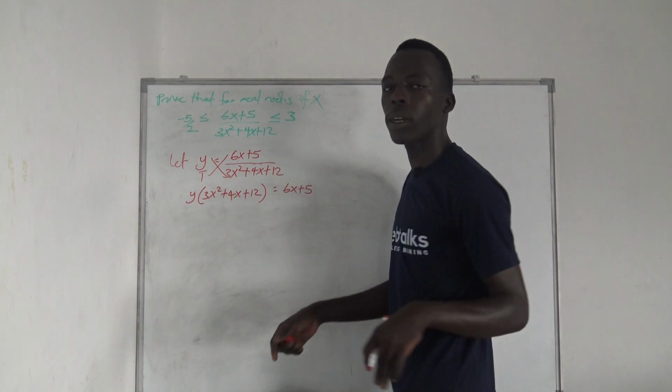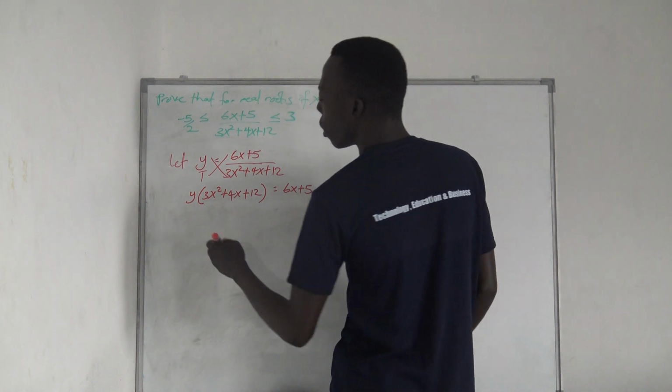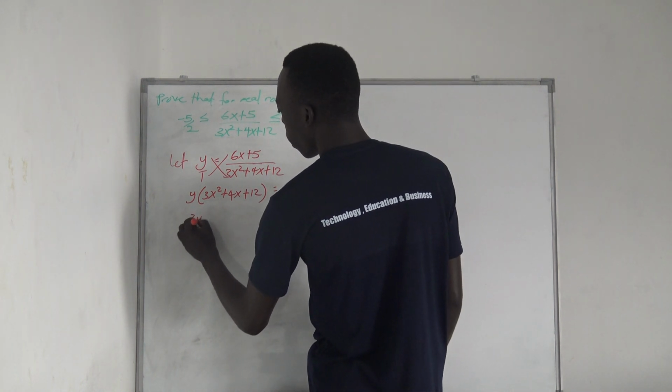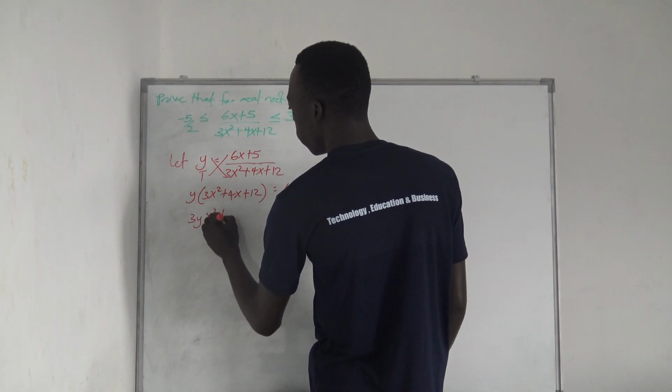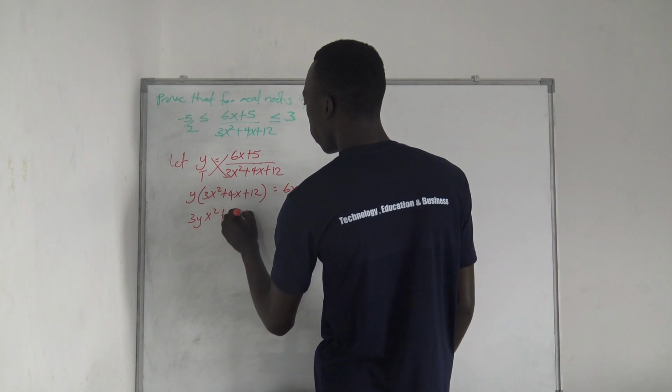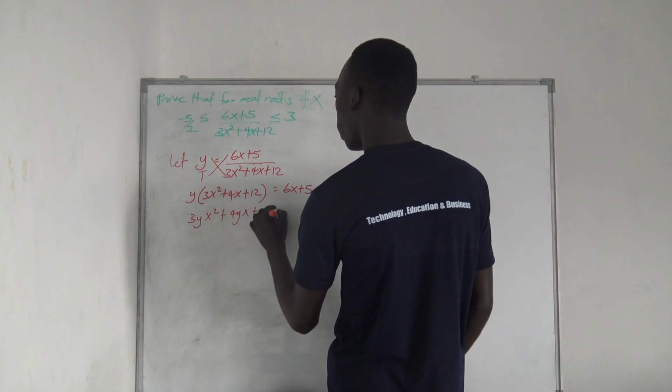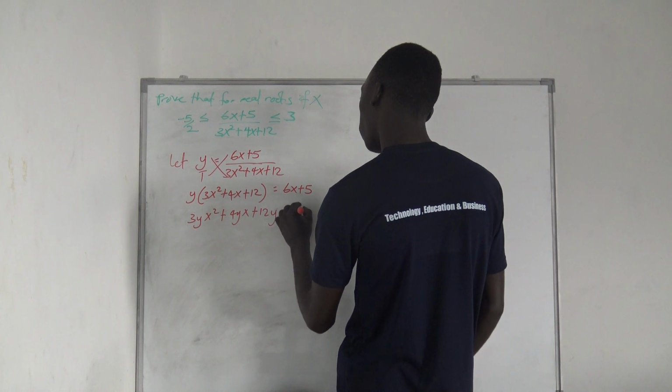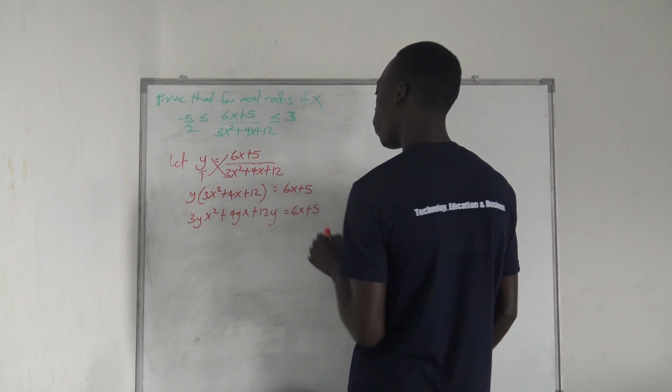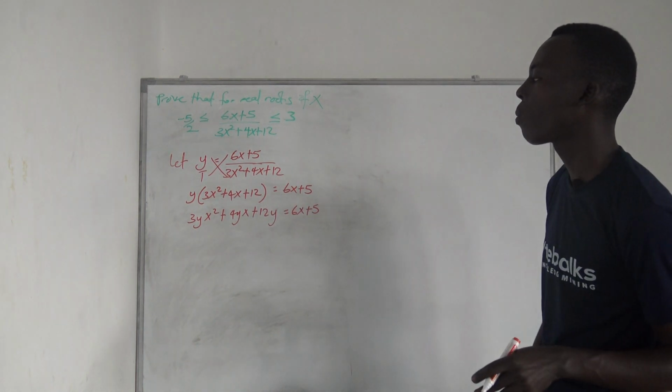When we open up the brackets, we shall have 3yx² + 4yx + 12y equals 6x + 5.